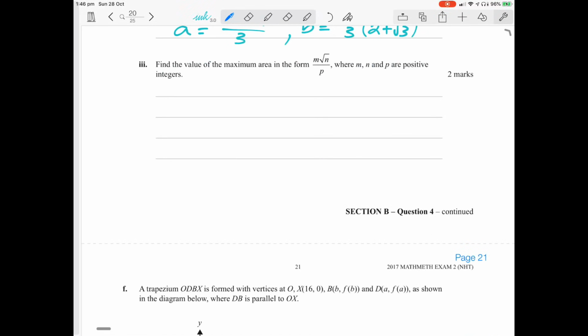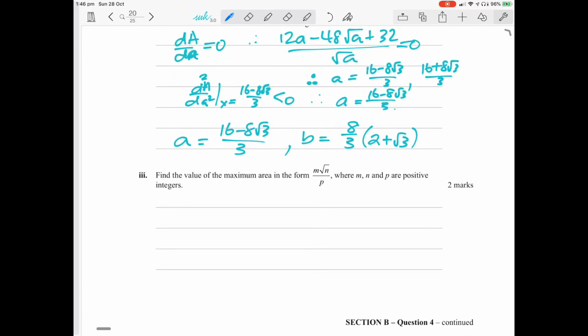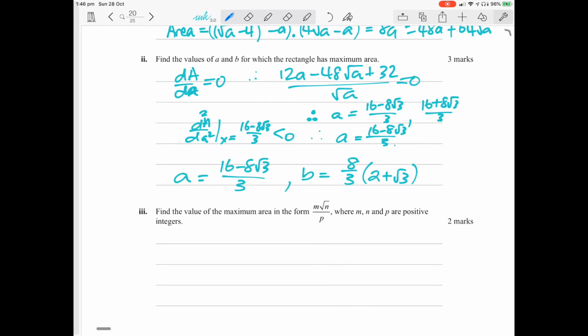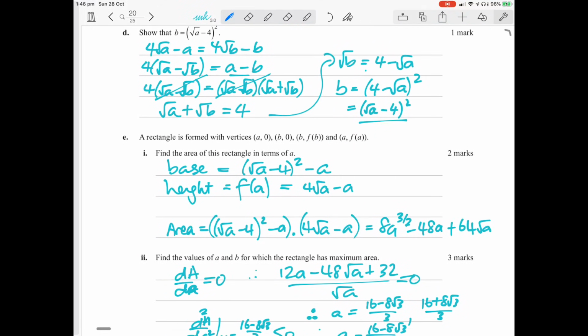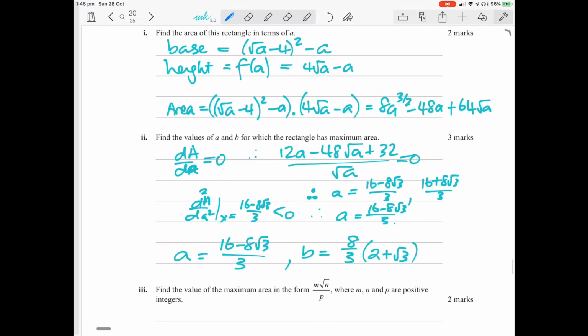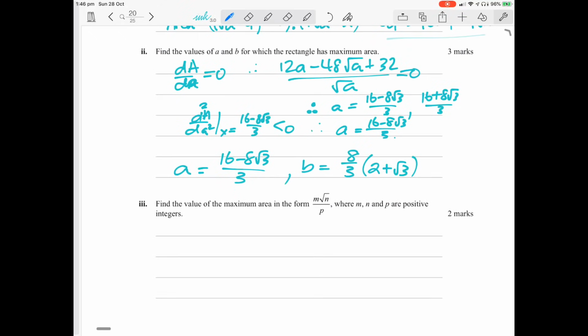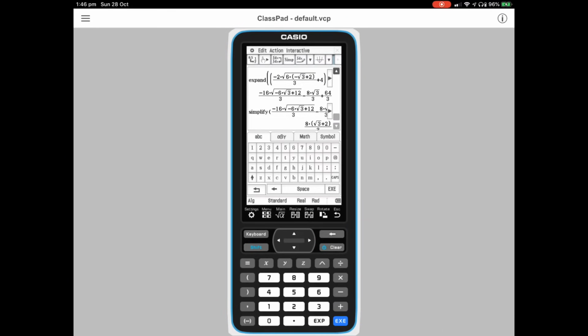Find the value of the maximum area in the form m root n on p. So we substitute in. What's the area again? It's that function there, given A equals, okay, copy.